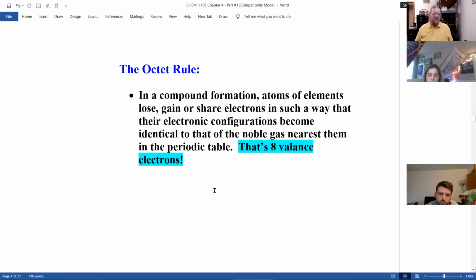Again, the octet rule in compound formation: when you make molecules, atoms of elements lose, gain, or share electrons in such a way that their electron configuration becomes identical to that of the nearest noble gas in the periodic table. And that's 8 valence electrons.